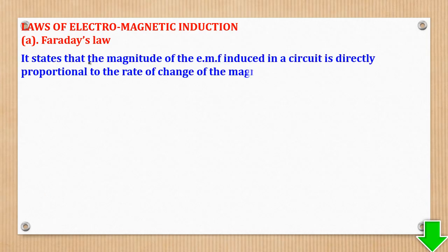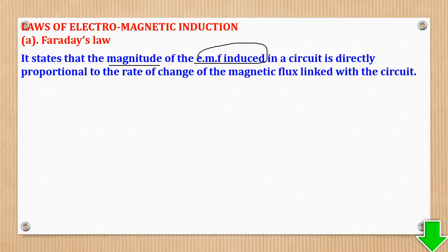This law states that the magnitude of EMF induced in a circuit is directly proportional to the rate of change of the magnetic flux linked with the circuit. So this is what we have been saying. When you move it faster, then the EMF is bigger. When you move it up and down slowly, then the EMF is smaller. That is called Faraday's law.